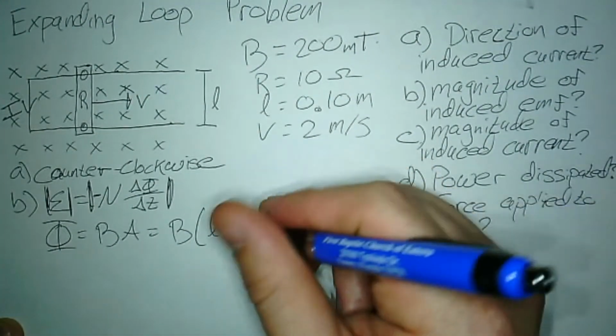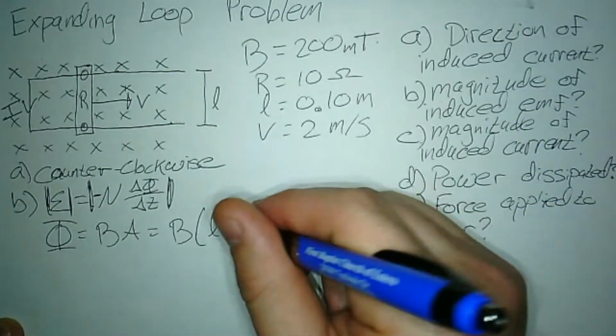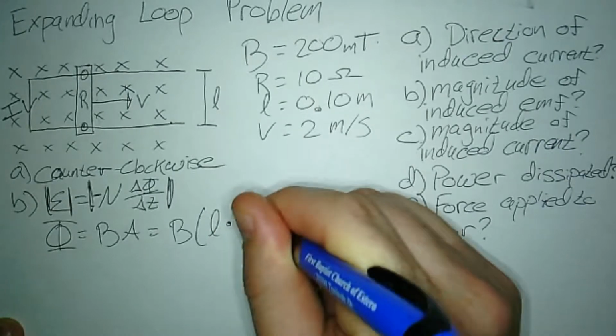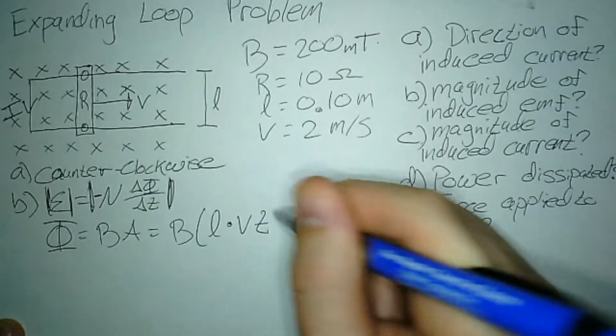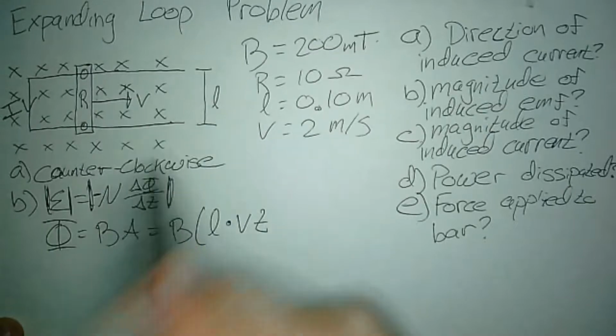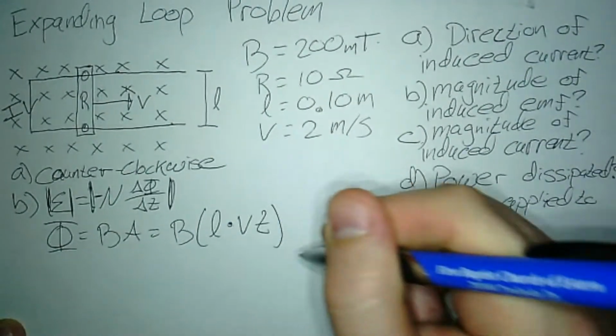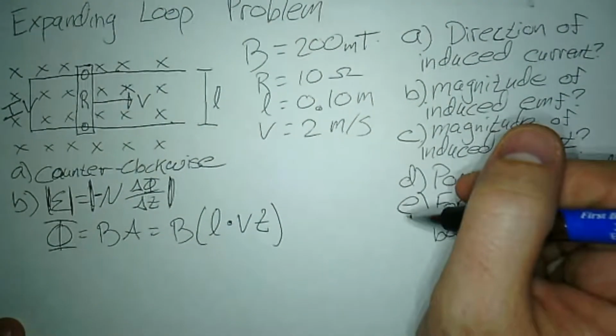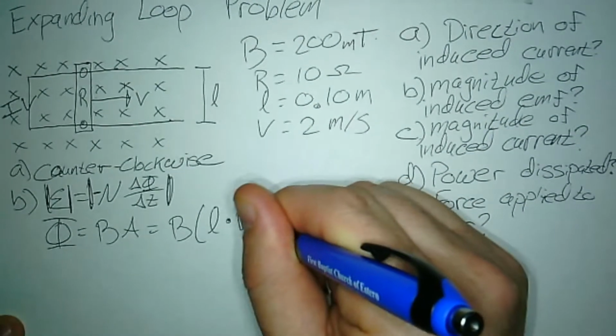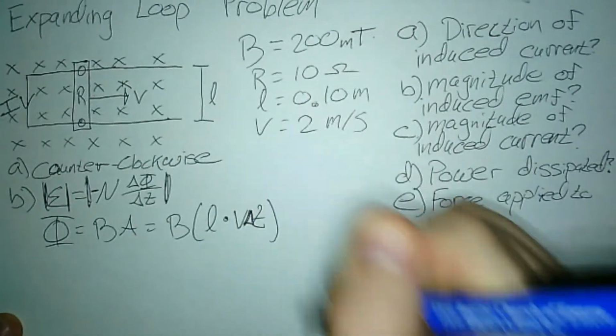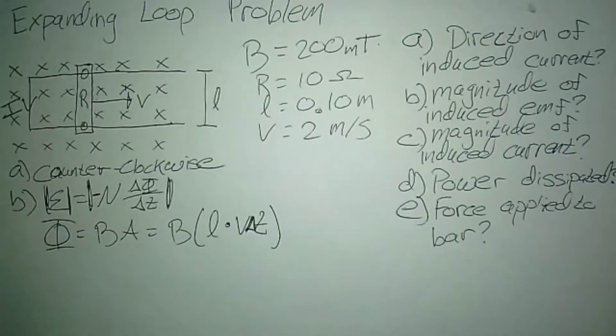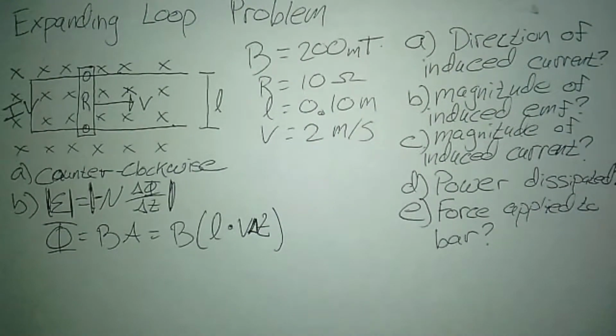The width of this loop depends on the speed, so it's actually going to be velocity times time, probably plus a constant, but since we're looking at change, I'm not going to care about that constant anyway. So that's my flux, V delta T, just for demonstration purposes. Okay, so I can find my flux that way.